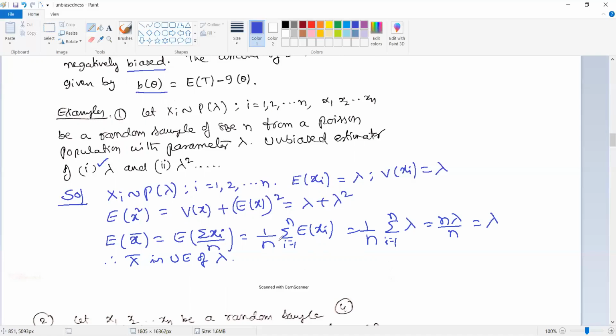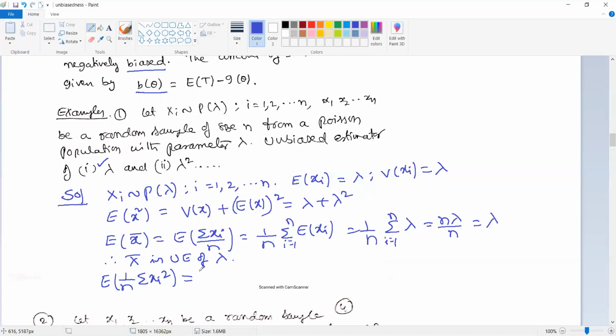Now we have to calculate one more: the estimate of lambda square. For lambda square, generally we take 1 by n summation Xi square, a function identified by practice.